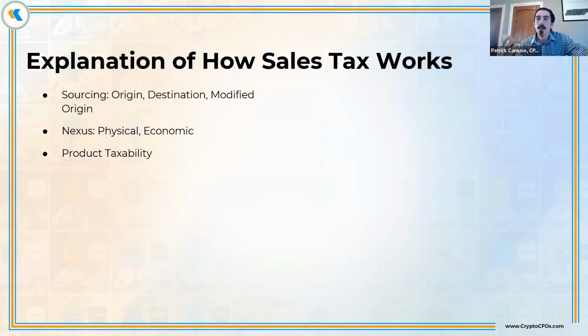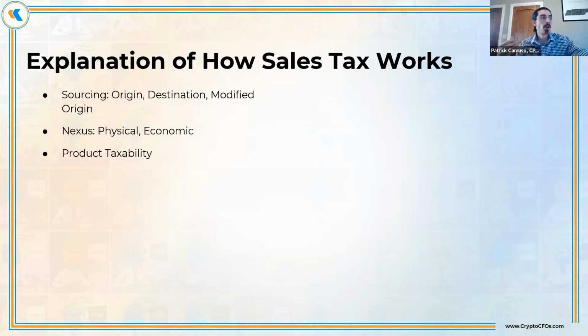There are different methods to sourcing a sale. I've listed them here: origin, destination, and modified origin. Origin is basing the tax jurisdiction off of the seller's address, whereas destination is based off of the buyer's address. And modified origin combines these two based off of different factors. So that really is the first variable, sourcing the sale, understanding what tax jurisdiction this sale takes place in.